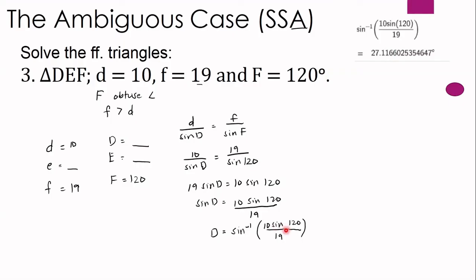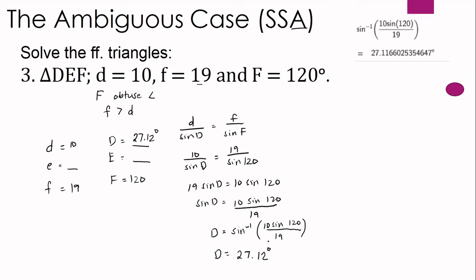And this will be the answer. Rounding off to the nearest hundredths, ano ang measure ng ating angle D? Base here, it is 27.12 degrees. So, angle D is 27.12 degrees.